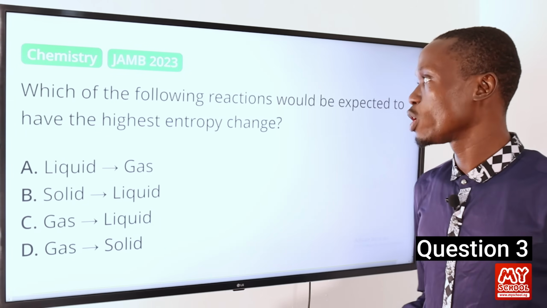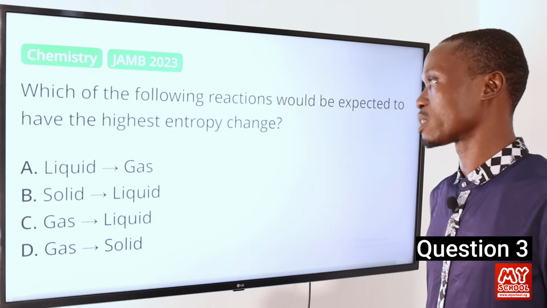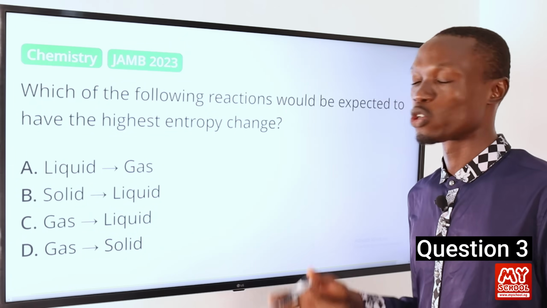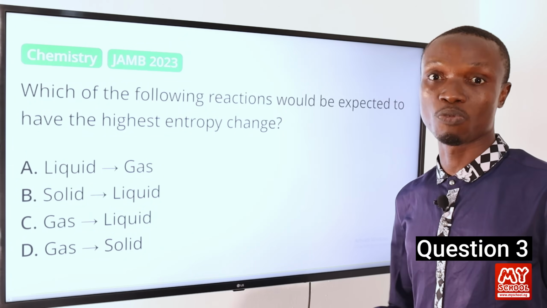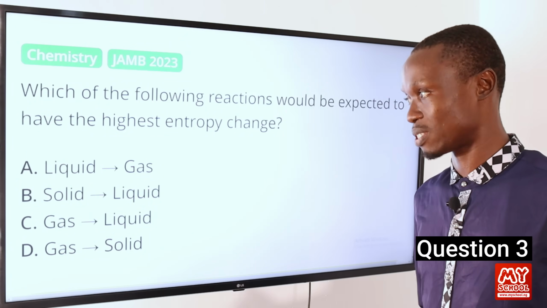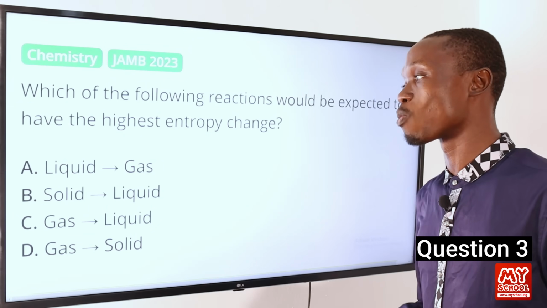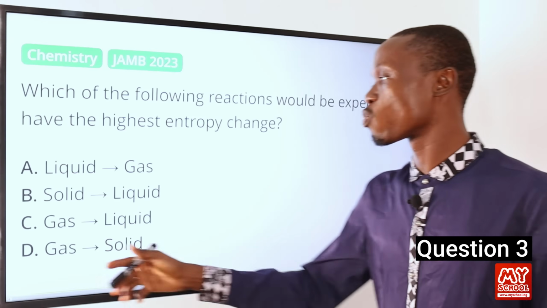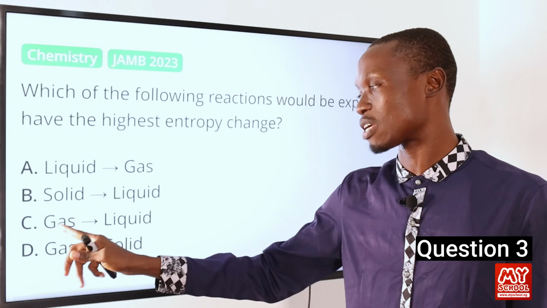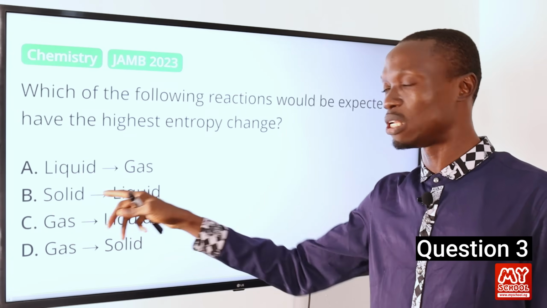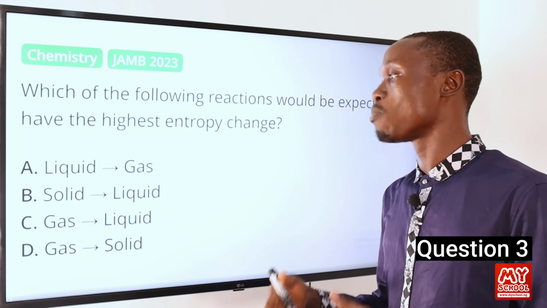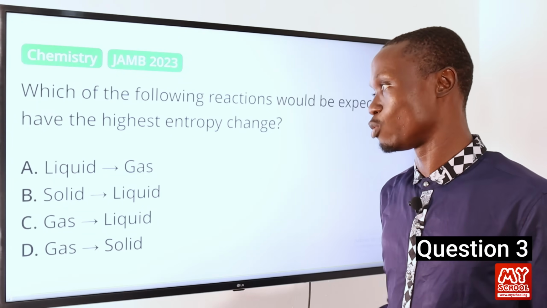Question 3. Which of the following reactions would be expected to have the highest entropy change? Entropy simply means the degree of disorderliness or randomness of a system. Of course, you know that the particles of gas are free to move about. When a gas is changing to liquid, as in option C for example, definitely the movement of the molecules is reduced.